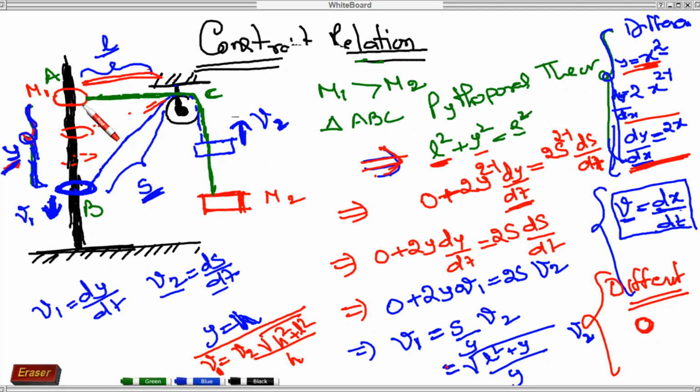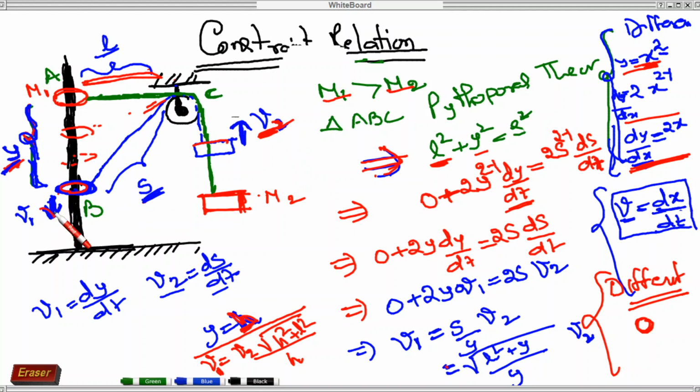So our initial scenario was that the ring is here and this mass m2 is here. As m1 is greater than m2, the ring starts moving up, and suppose it reaches a height h, and at that time the velocity of the m2 block is v2.